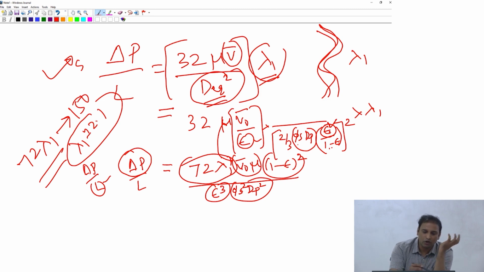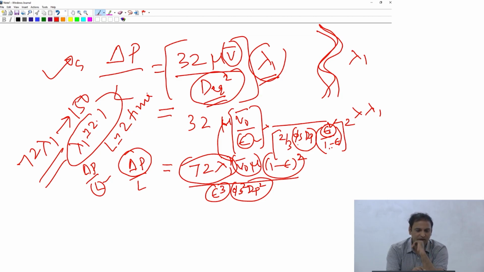You can think of the typical time the fluid spends in the column as roughly 2 times what it would spend if the channels were straight. This is roughly what you can say.